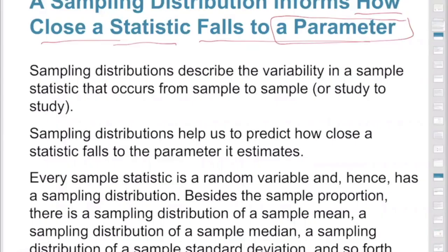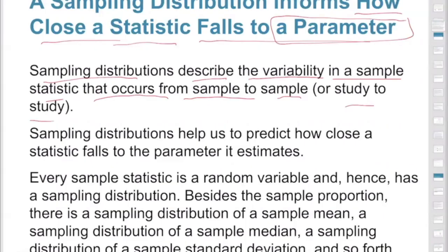Okay? So as you can see here, what is the sampling distribution doing? It describes the variability in a sample statistic that occurs from sample to sample. Yes, from sample to sample, or from one study to another study.